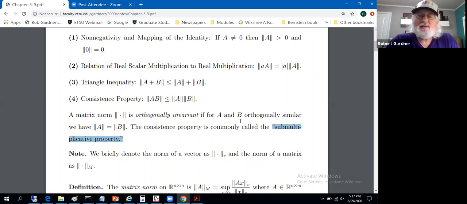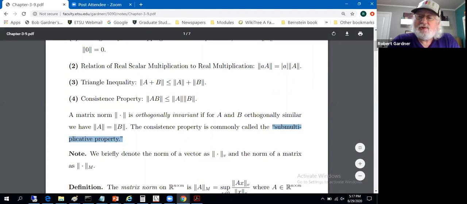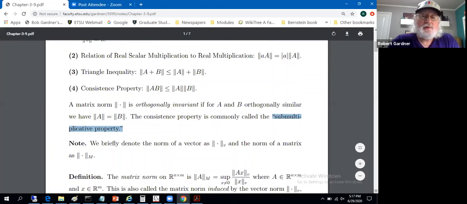We talked extensively about orthogonally diagonalizable, but orthogonally similar was defined, I think, in the previous section, maybe in the section on orthogonal matrices, but recently. Orthogonally invariant if orthogonally similar matrices have the same matrix norm. So that's a type of matrix norm, one that is orthogonally invariant.